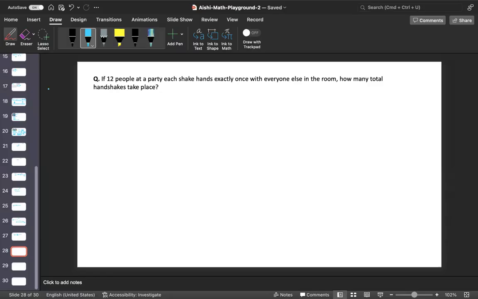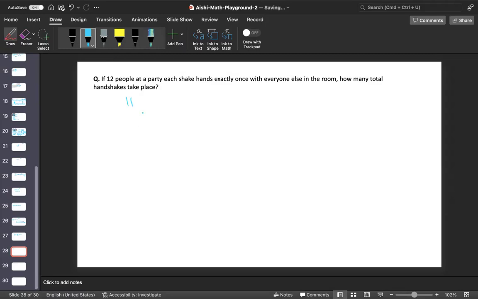Okay, so let's move on to our next question. If 12 people at a party each shake hands exactly once with everyone else in the room, how many total handshakes take place? Since you can't shake hands with yourself, the first person who shakes hands with everyone would have to do 11 handshakes.